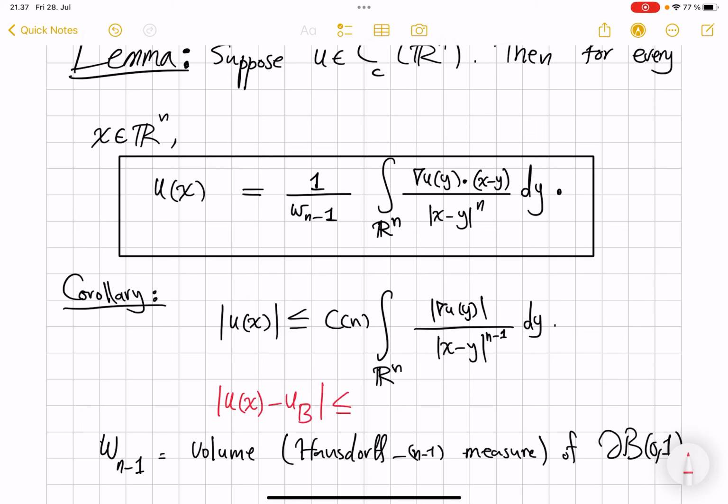So this was not on all of R^n, but it was some constant times an integral over a ball, and then the same values. This is a bit different because the integration happens only over the ball and your functions are not compactly supported on R^n, but rather you just need a W^{1,p} function on the ball.